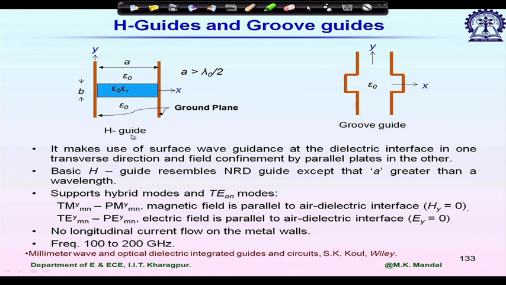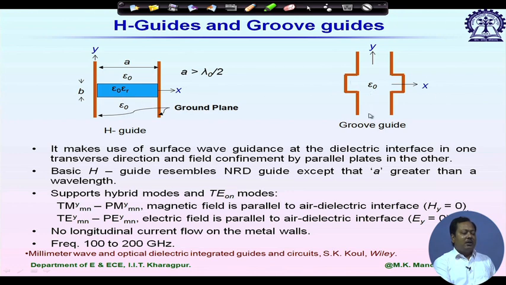This is for the H-guide. We have one more version of this. So, we are simply replacing the dielectric by air, and that is why we are increasing the thickness of this middle part. So, the operation or mode characteristics are almost similar for both of these two cases.